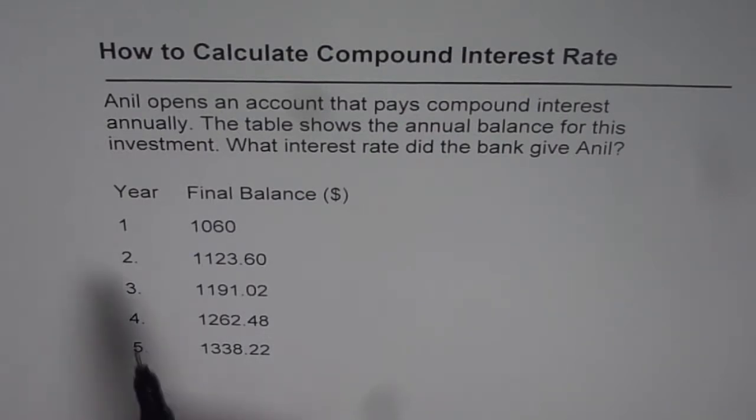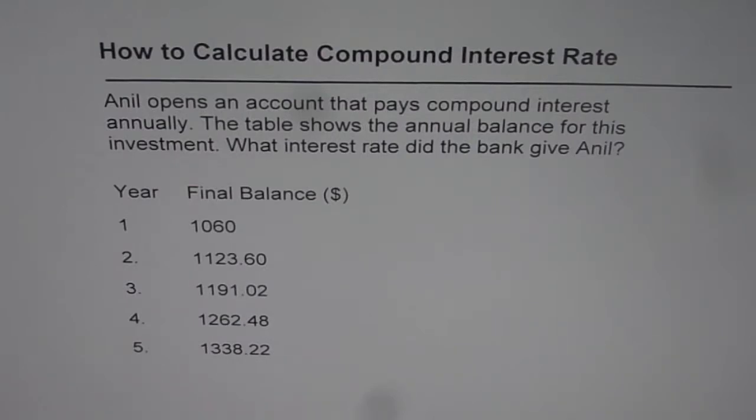Again, the same table, years 1 to 5, and exactly the same final balances, which are 1060, 1123.60, 1191.02, 1262.48, 1338.22. What we need to find here is the interest rate. So how will you find the interest rate?